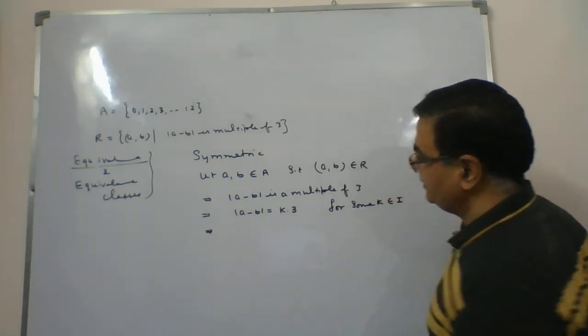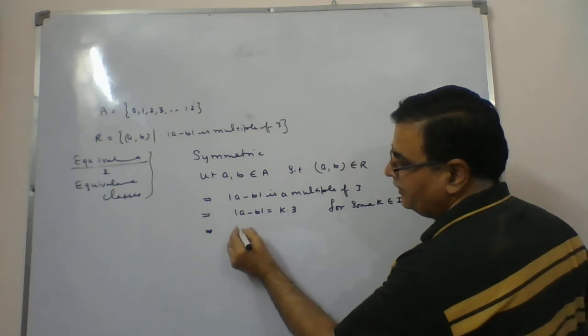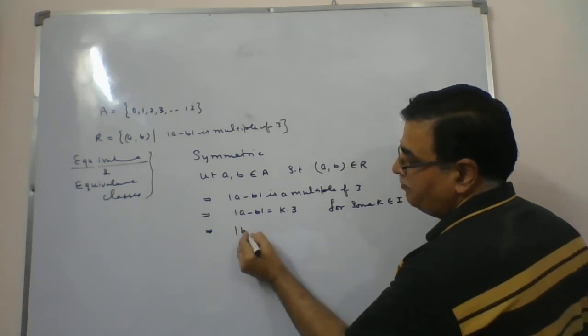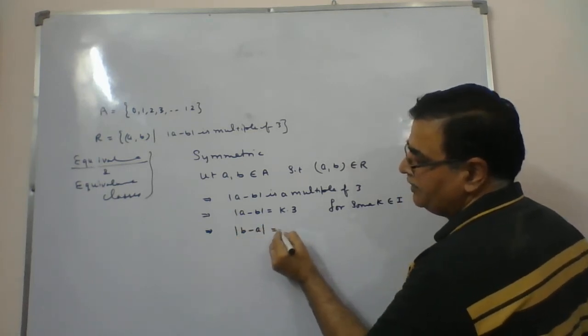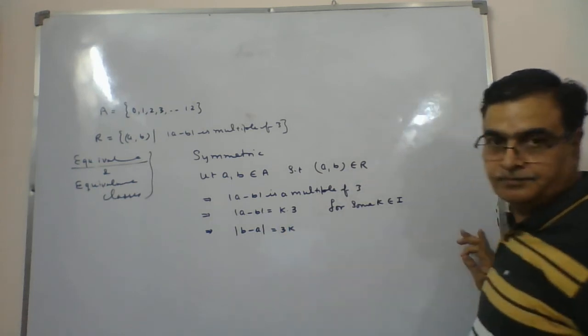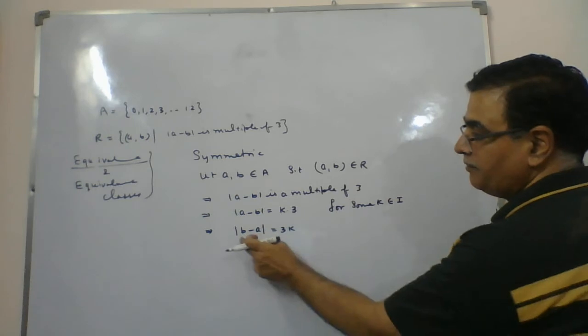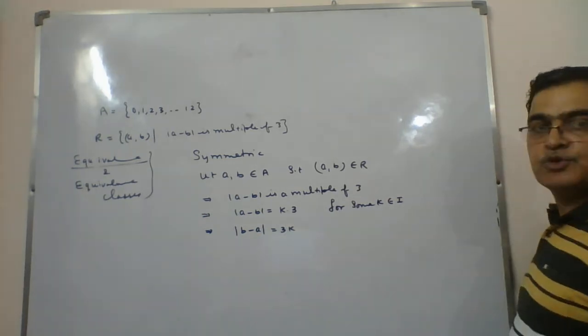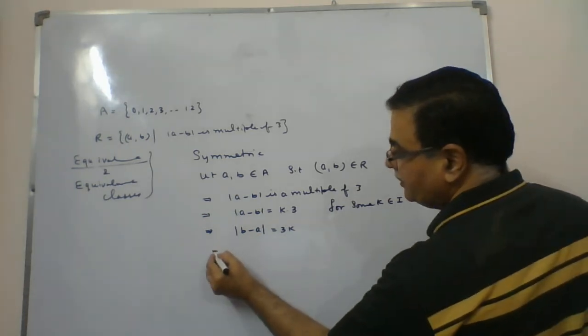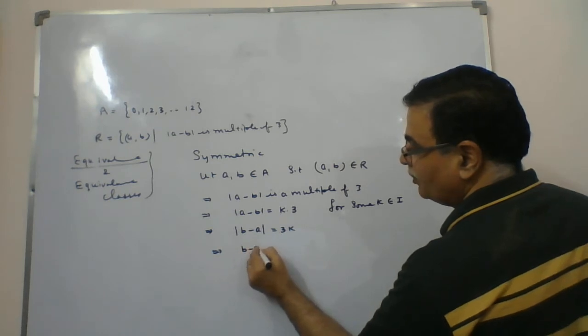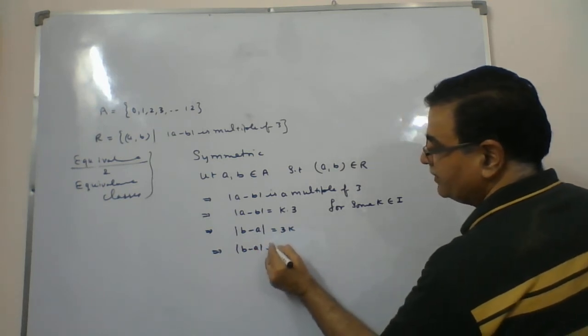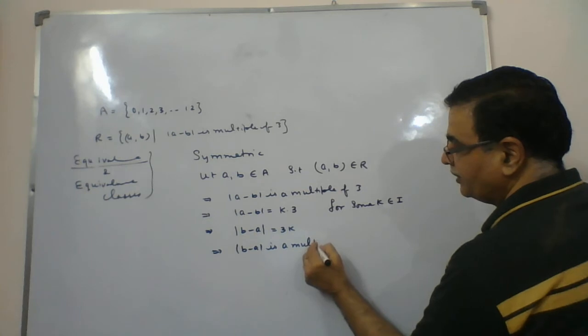This you can write, I mean, B minus A will be thrice of K. A minus B is 3 times K, B minus A we can also write as 3 times K. So what does it mean? This implies modulus of B minus A is a multiple of 3.